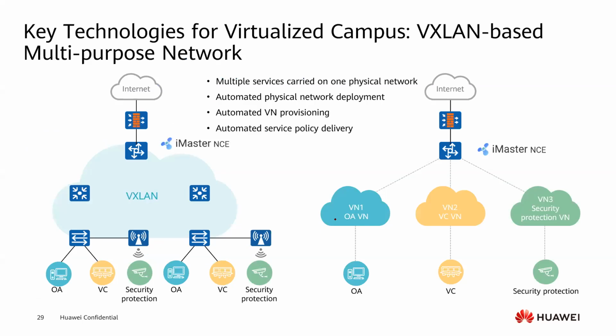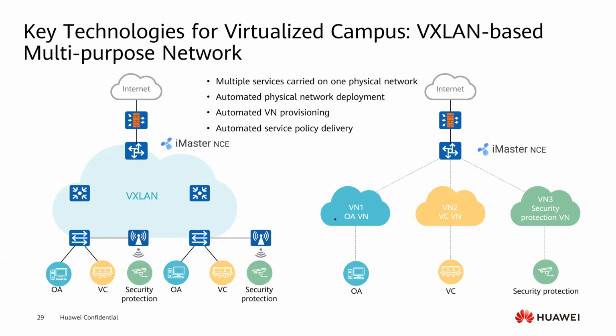And the final key technology for the virtualized campus network is VXLAN. We can use virtualization technology like VXLAN so that multiple virtual networks, the VNs, can be created on top of the physical network, and different VNs are used for different services. They are isolated from each other by default.